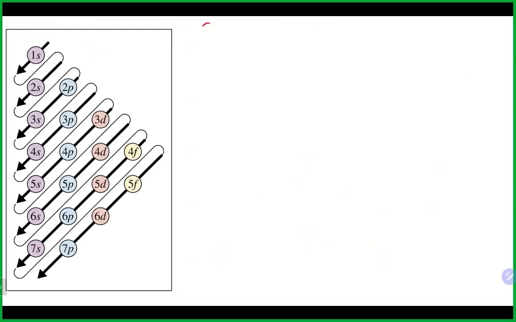So carbon has 6 protons, and that means it would have 6 electrons. So once again, always starting up here, we'll go with our 1s2, zigzagging back, 2s2, and here to our 2p, 2p2.